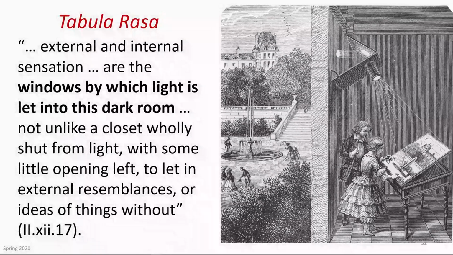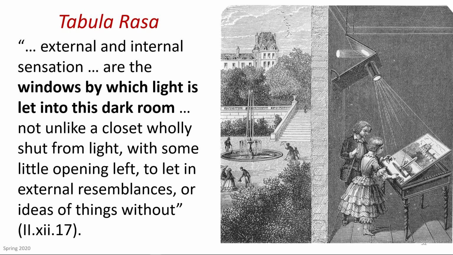Okay, so at the end of last time we were talking about this idea from Locke that the mind begins as a blank slate, a tabula rasa. He says external and internal sensation, that is what he elsewhere calls sensation and reflection, are the windows by which light is led into this dark room. Right?